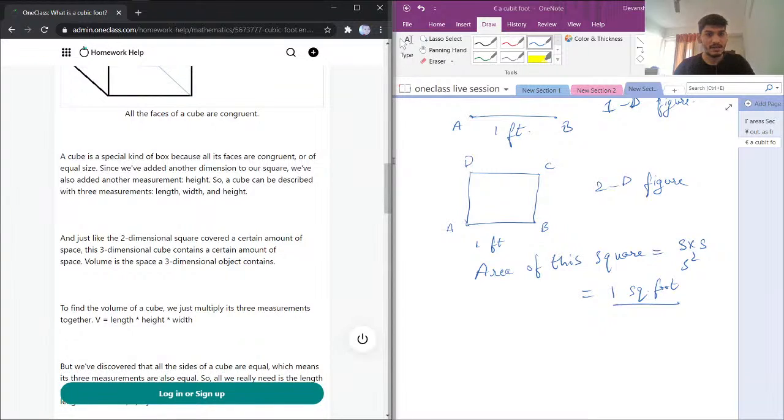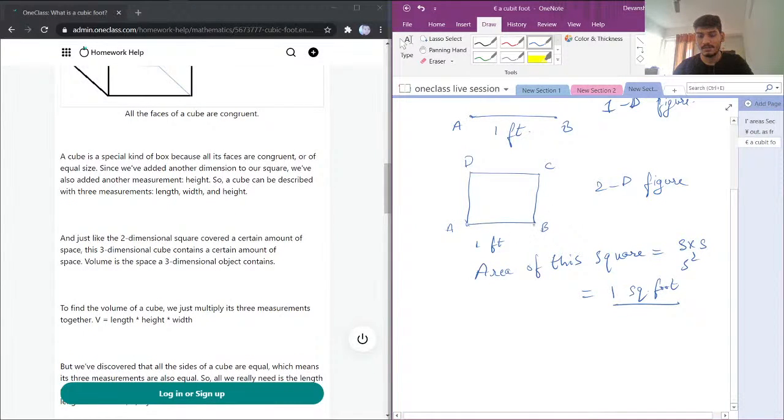Since we have added another dimension to a square, we have also added another measurement, height. In the same way, here we had the length, here we had the width. So if we take this square into 3D, we'll get a cube.